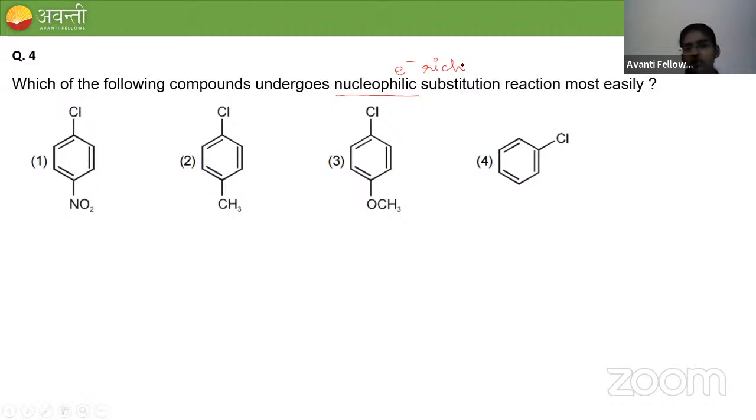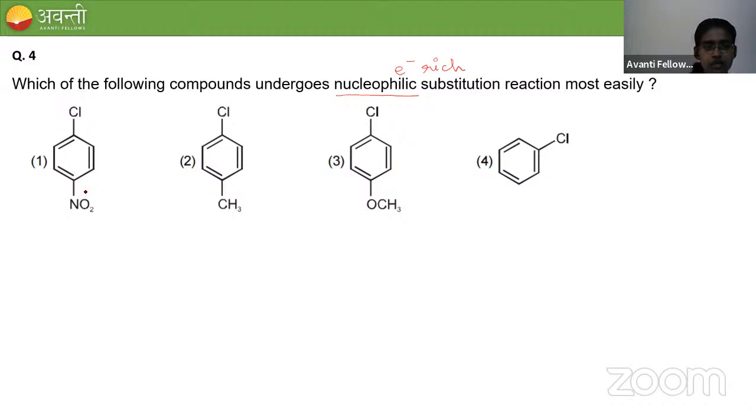If an electron-rich species has to approach another compound, another compound should be an electron-deficient one, right? So we have to find out the electron-deficient compound from the given 4 options. So how to find out the electron-deficient species? So again the same concept, electron donating and electron withdrawing capacity of the attached groups.